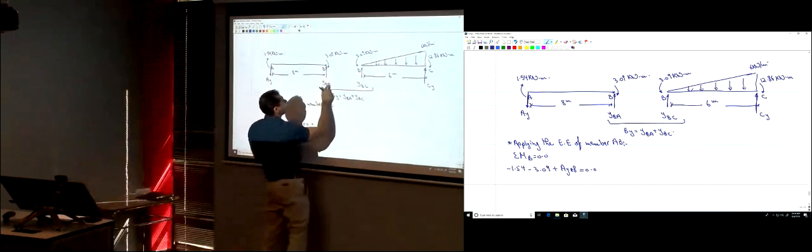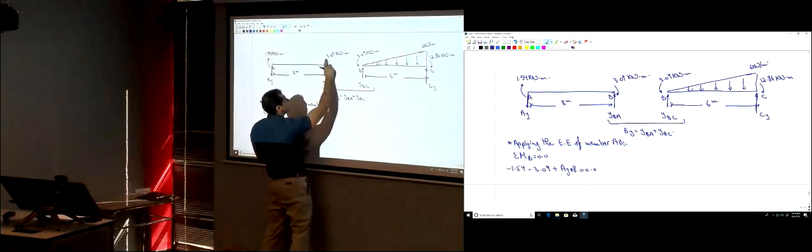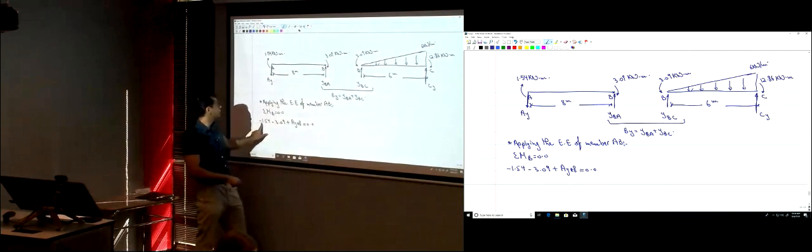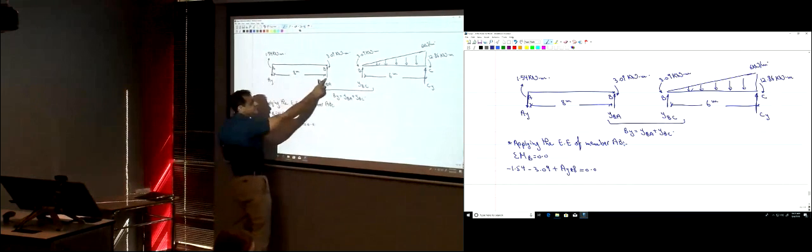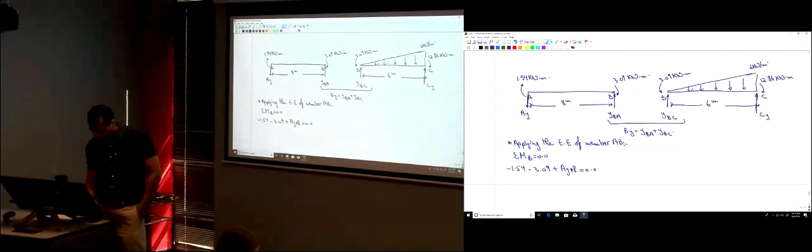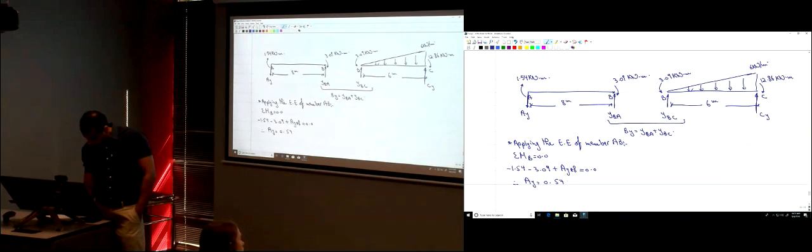I'm taking moment about this point here. The moment of YBA about point B is 0. This moment is negative 3.09. This moment is negative 1.54. And then AY times 8, that's equal to 0. So from this equation, I can find AY. So AY is 0.579 kilonewtons.